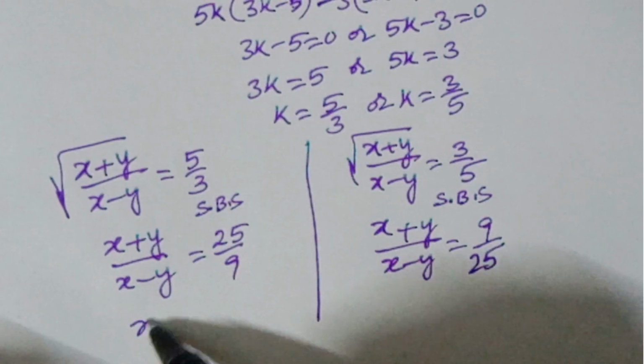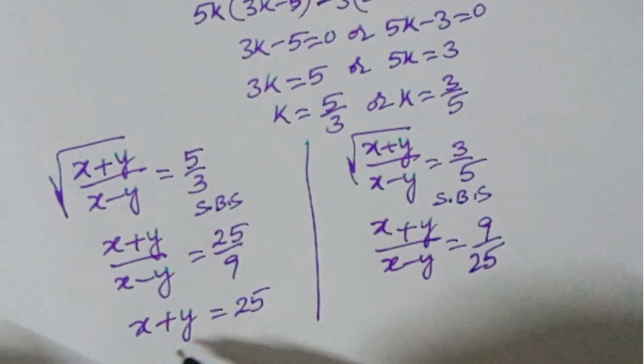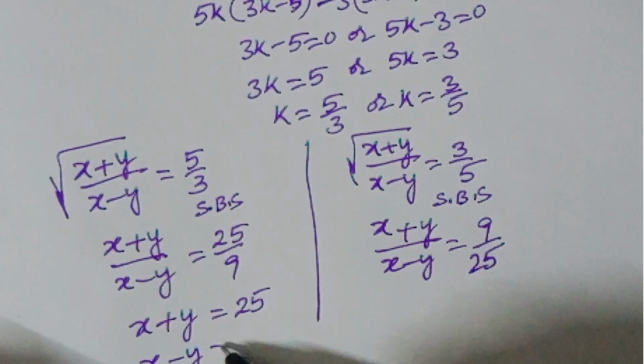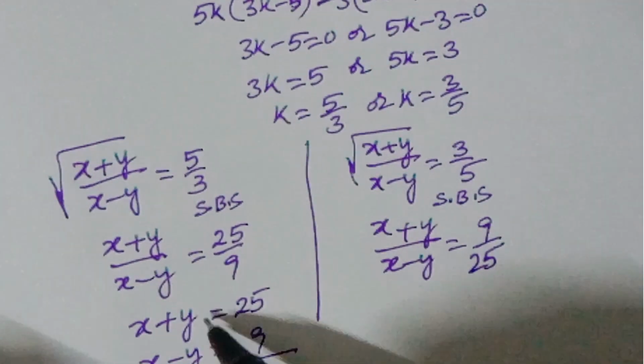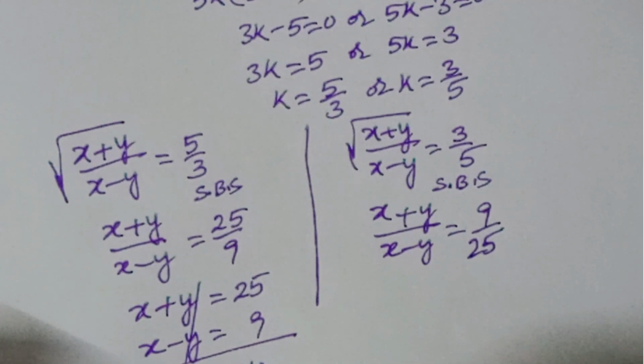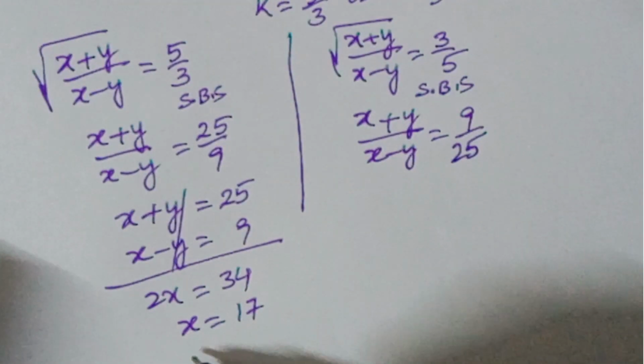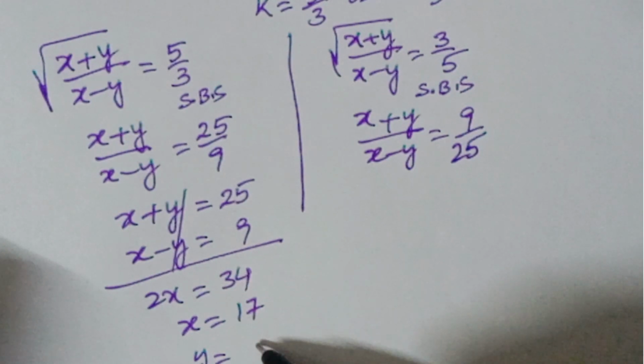So here you can solve this. If you take x plus y value is 25, x minus y value is 9, then 2x is equal to 34, x is equal to 17, y value 8.